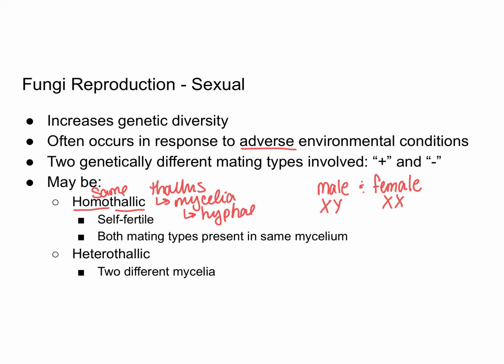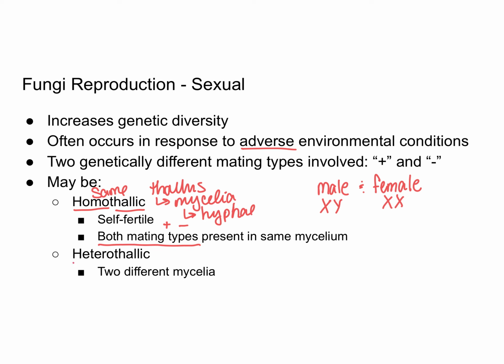And so what homothallic means is that both mating types, so cells of both mating types, are present in the same mycelium or thallus. When we say both mating types, remember that it means that we have positive mating type cells in the mycelium, and we have negative mating type cells in that same mycelium. And these fungi are self-fertile, so they are able to basically do sexual reproduction with themselves.